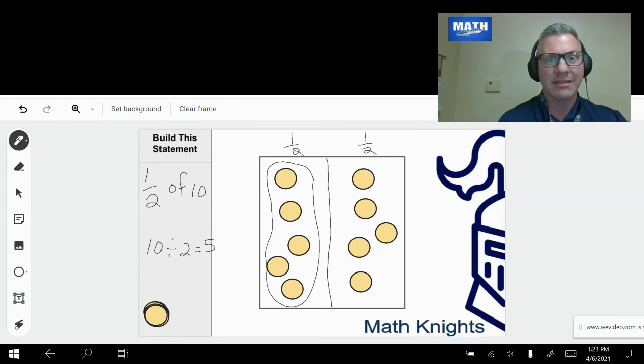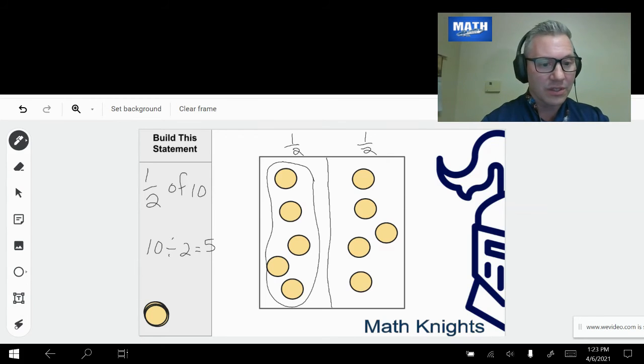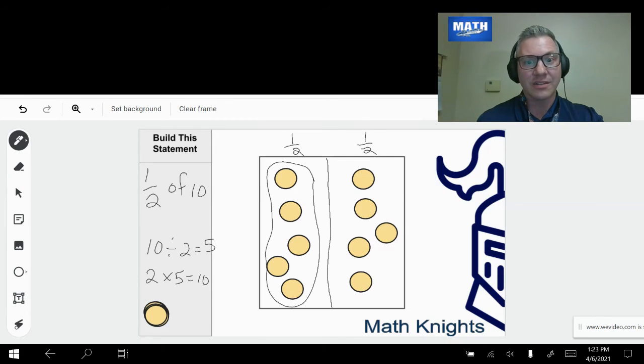Isn't that almost like the same thing? I'm making a connection here to division and multiplication, because 2 times 5 equals 10. Oh my word, making the connections. Fractions and multiplication and division are very closely related.